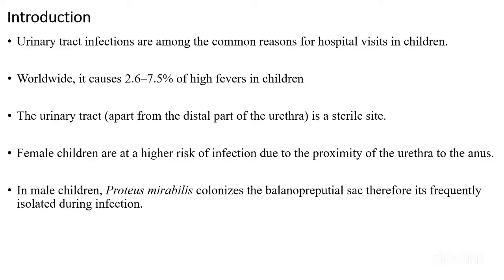The distance is short and the urethra might be contaminated with the gut microbiome. In male children, especially those who are not circumcised, Proteus mirabilis may colonize the balanopreputial sac, and therefore it is frequently isolated during infection.